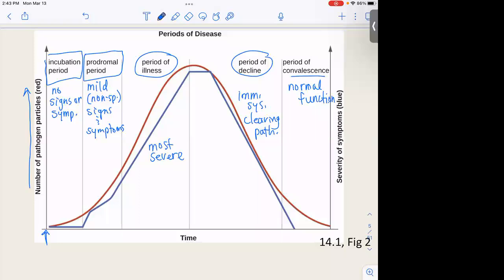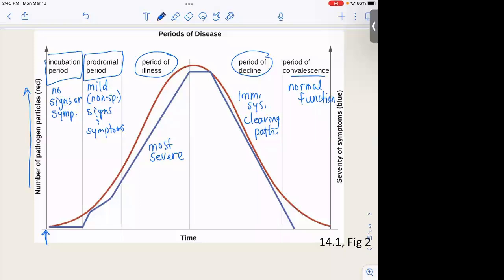And one other thing I'll say here is about when the patient is contagious. A patient can be contagious during any of those periods. Chickenpox is contagious in the incubation period. So you have people walking around with no signs and symptoms, they feel just fine, and they can potentially be giving that to other people that are susceptible.